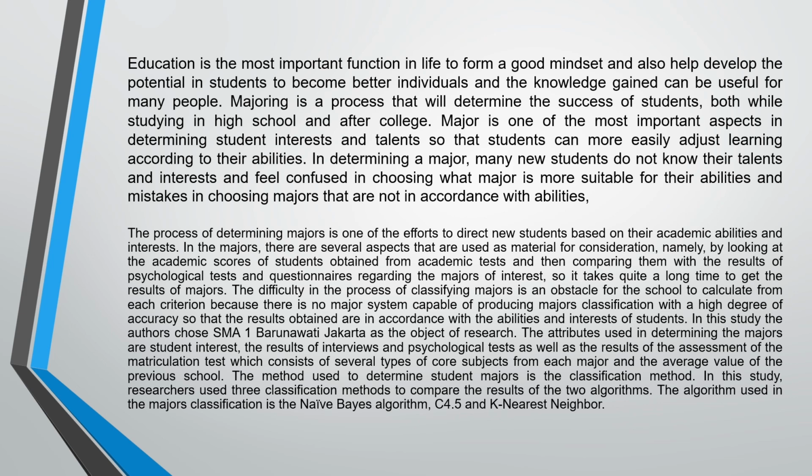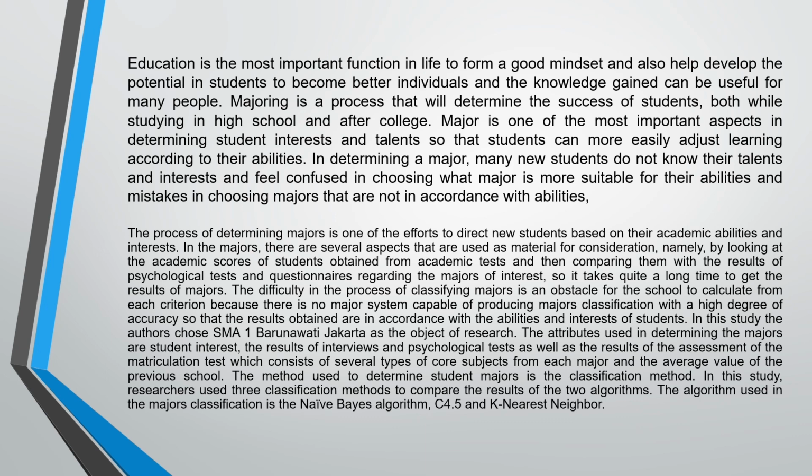In determining a major, many new students do not know their talents and interests and feel confused in choosing what major is more suitable for their abilities, and make mistakes in choosing majors that are not in accordance with abilities. The process of determining majors is one of the efforts to direct new students based on their academic abilities and interests.